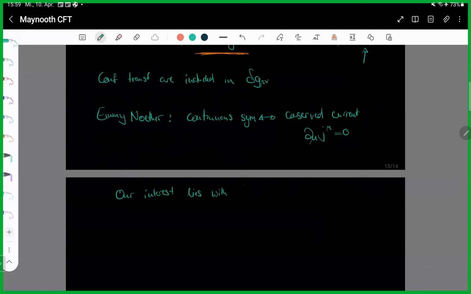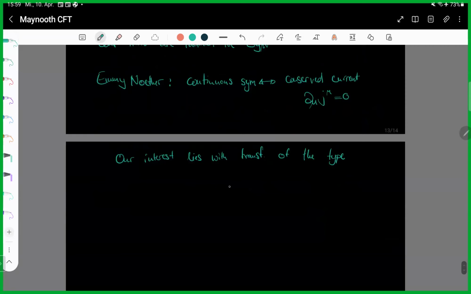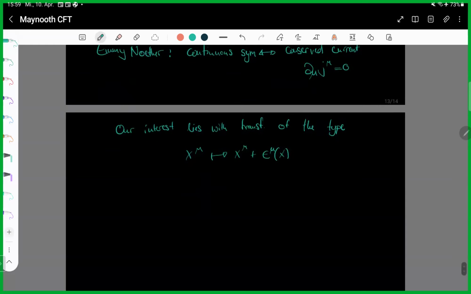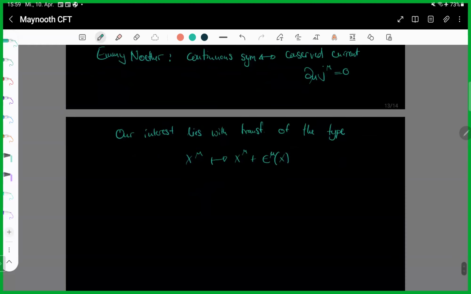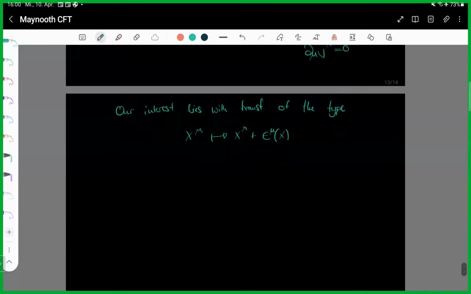With transformations of the type x mu. Now I'm reverting, for this small part, back to standard coordinates. This discussion really doesn't necessarily need Euclidean space or even 2 dimensions.